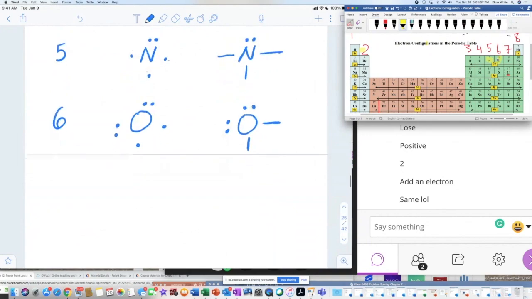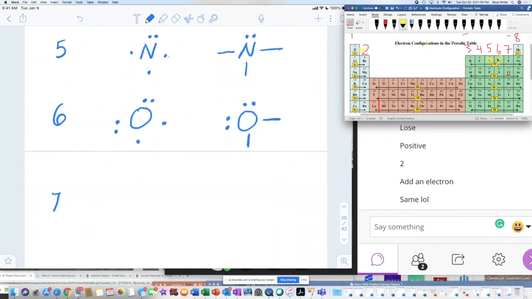It does help a lot when it comes to drawing, what's it called, covalent compounds, right? And then our final one that we're working on is fluorine. Fluorine has 1, 2, 3, 4, 5, 6, 7. So fluorine, when it forms a bond, normally has 1 bond.